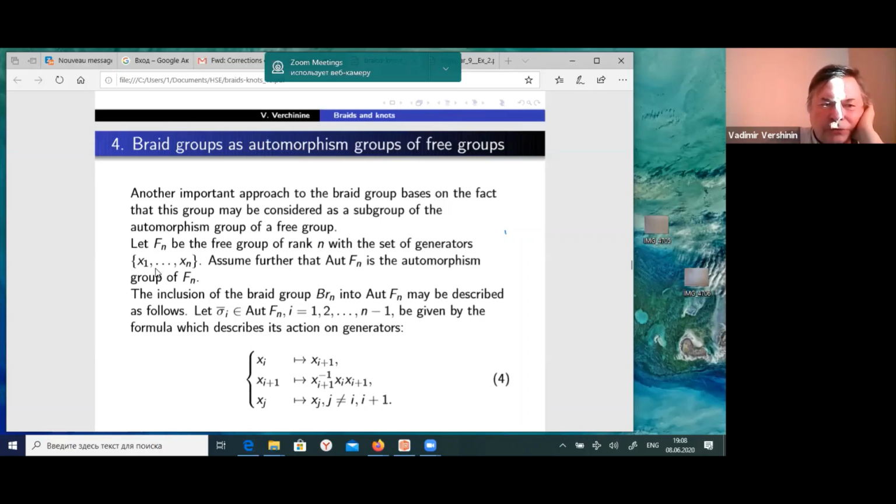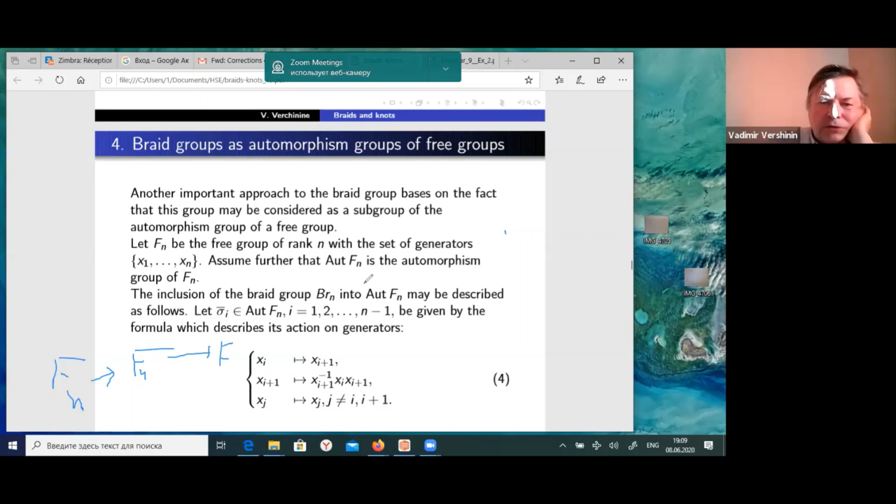It means that you take maps from Fn to Fn that are isomorphisms, epimorphisms and injections. All these things you can multiply by composition. This gives you the automorphism group.